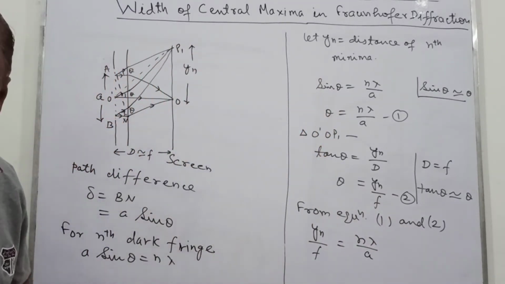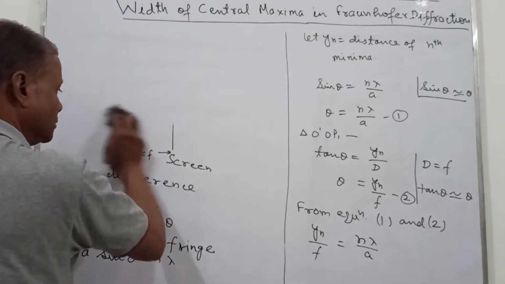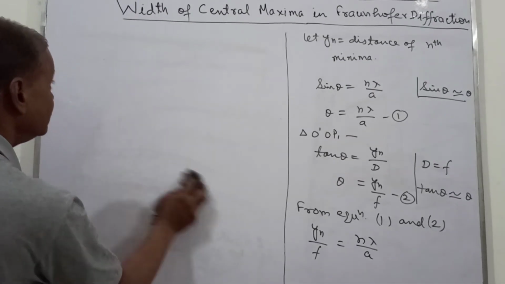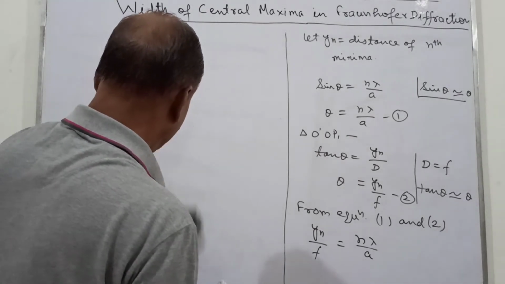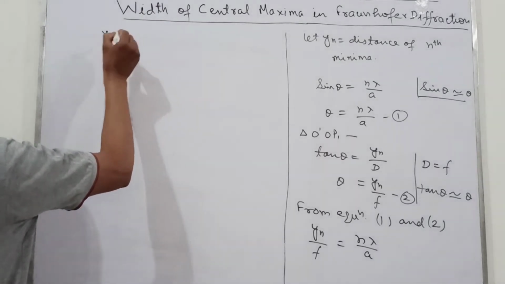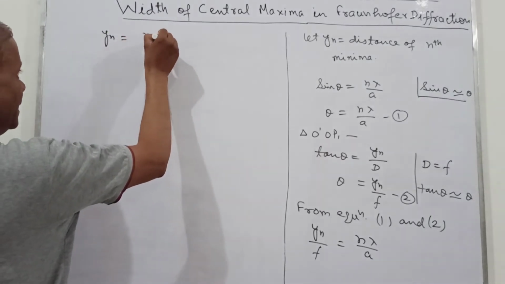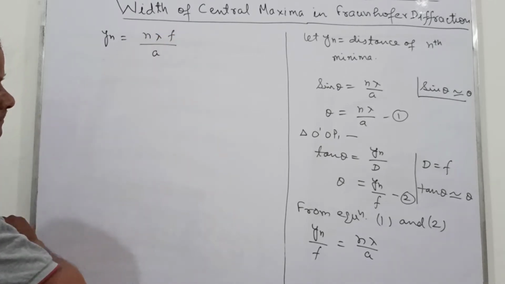So now yn is equal to n lambda f upon a.